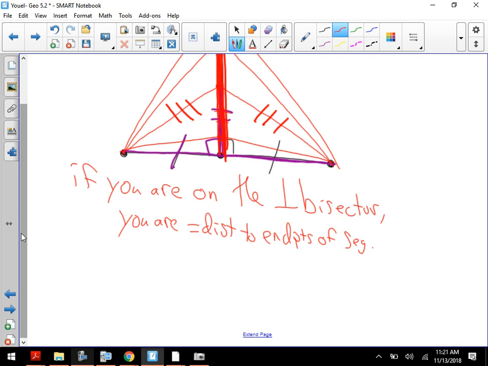Reflexive, bisector parts, right angles. That means these have to be congruent, which means these base angles will be the same, and so on. The perpendicular bisector, if you draw the sides out of it, always makes an isosceles triangle. It's a really easy thing to work with. Not terrible.